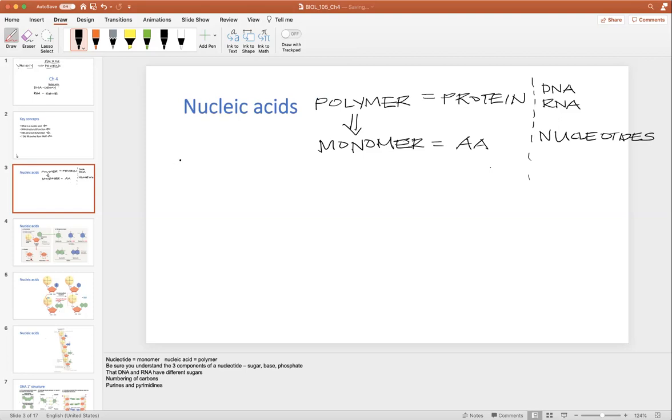Okay, now a nucleotide, whether it's for DNA or RNA, is made up of 3 parts, okay? Part 1 is going to be a sugar molecule, okay? Attached to that sugar molecule is going to be part 2, a nitrogenous, meaning containing nitrogen, base.